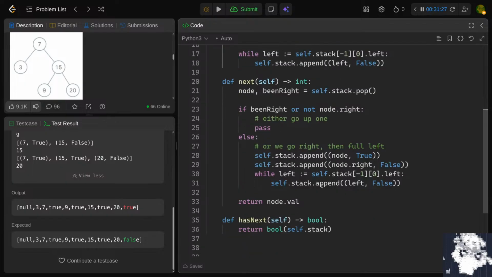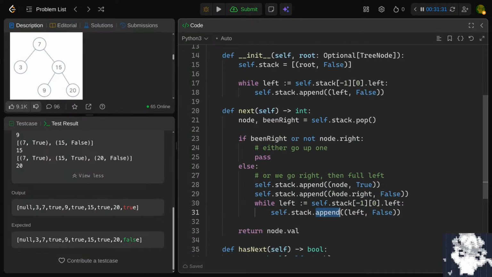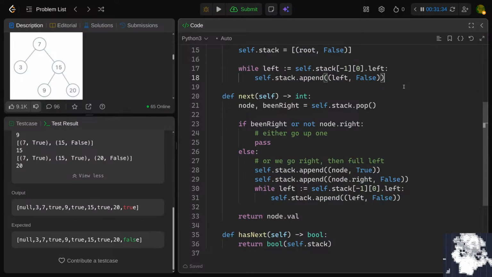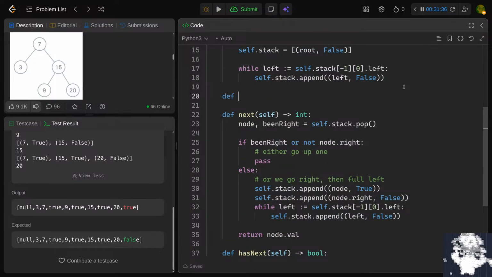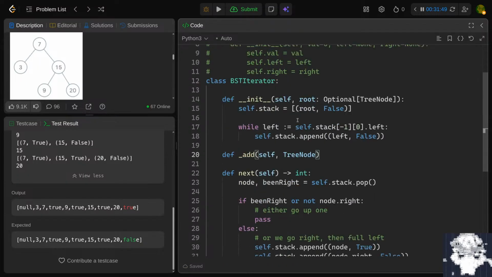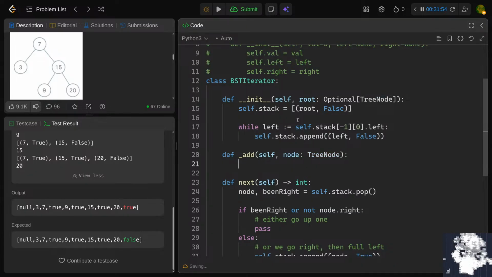So every time that we're adding a node, we could just do def add, self, node, which is a tree node. Are they called tree nodes? Yeah. Looks like this.